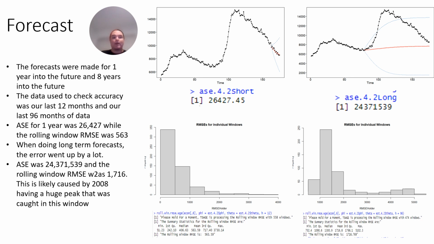What ended up happening is that when that peak is not included and we're only doing a 1 year into the future forecast, then the ASE is 26,000 for the thousands of unemployment. So that'd be 26 million unemployment is the error that we're dealing with. But if we're including the peak, it's 24 million, which in actuality would be errors of 24 billion of unemployment. Just to really hit on how impactful the recession actually is for the unemployment.